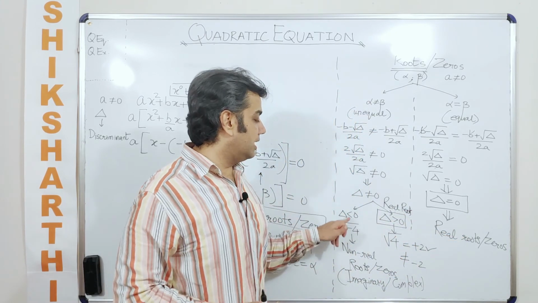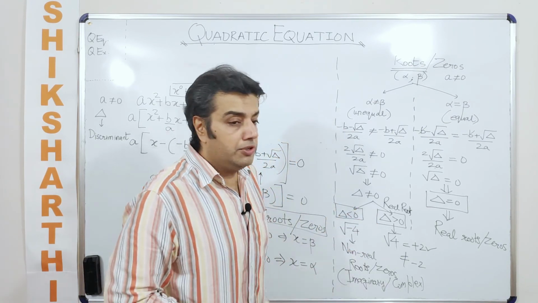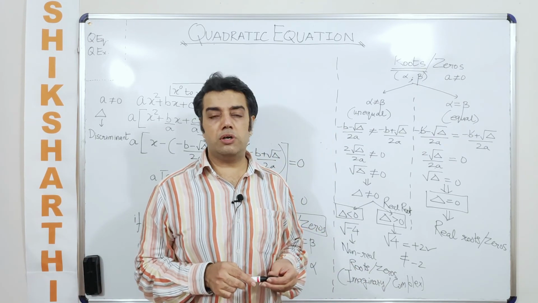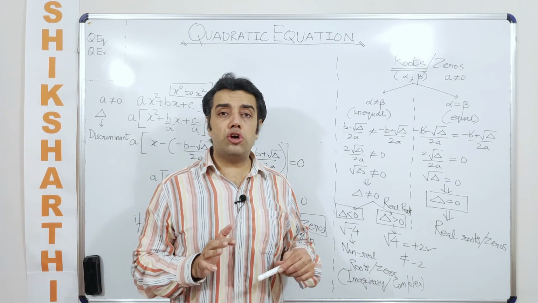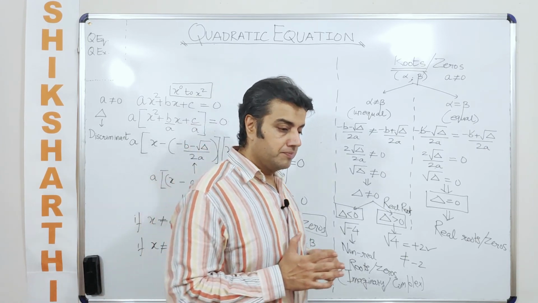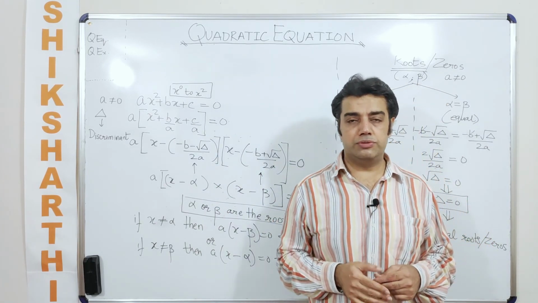But the moment delta is less than 0, we don't talk about equal or unequal roots, as I talked about a few minutes back. We only talk about the roots being non-real or imaginary or complex. We'll further talk about the role of delta in our other videos.